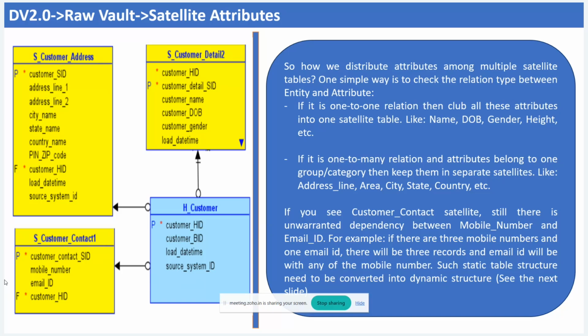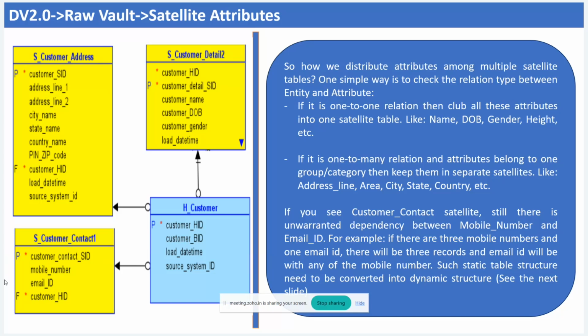So suppose the entity is the customer, my satellite table name will be customer detail. Customer detail will keep those attributes which have a one to one relation. Like a customer has one date of birth, one name, one gender. So here we are checking, for each entity, how many values there will be for this particular attribute. If the answer is one to one, then you can club them in one single detail table.